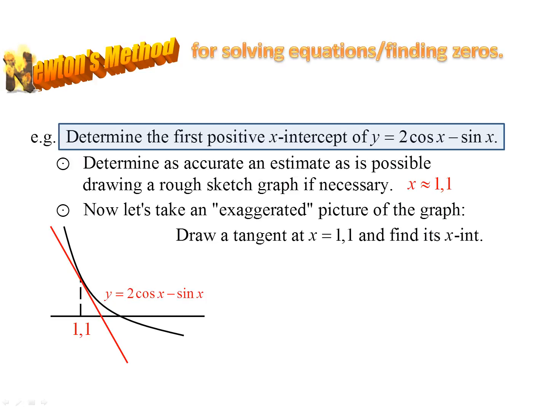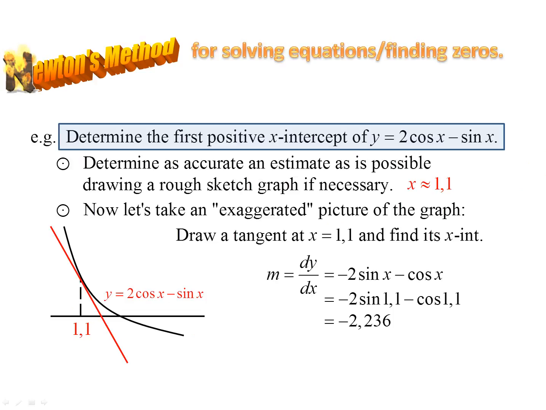So, in order to find the x-intercept, we need the equation of that tangent. We need the gradient of that curve, which is related to the derivative, and we need a point. Well, we have the x value, we'll need to find the y value by substitution. So, gradient equals dy by dx.